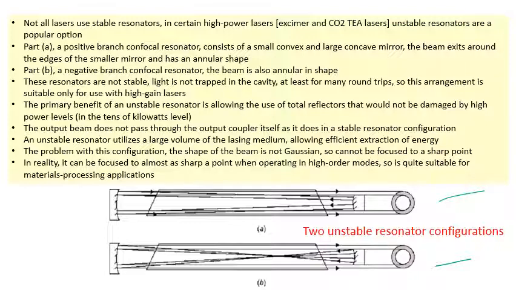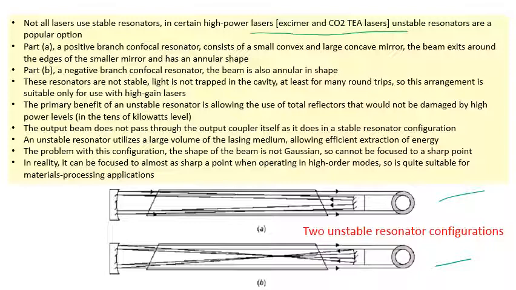Especially if you are aiming to design a very high power laser. Okay, excimer laser, carbon dioxide, TEA type, transversely excited. So for this kind of laser, if you have a stable cavity, it may get damaged, a blast may happen. So that is why you may need an unstable resonator here.